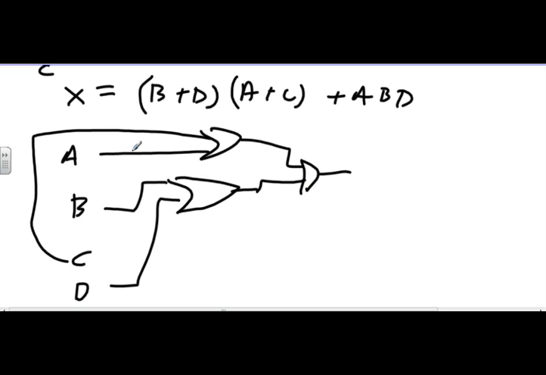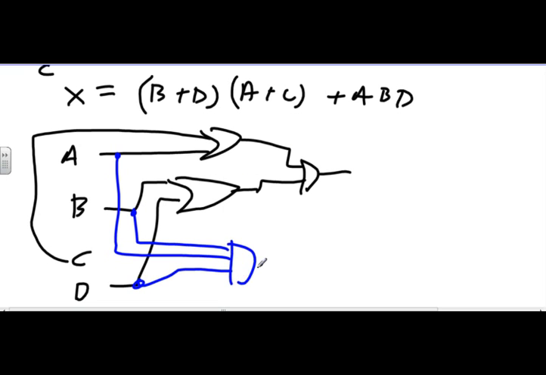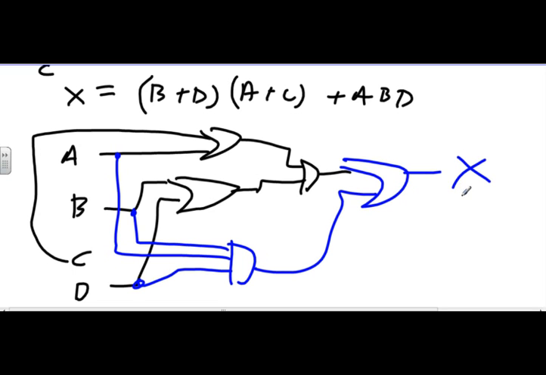Then I need an A, a B, a D, ANDed together, and all that has to be ORed. X. A, B, D is an AND, and it's plus, yeah. Then this guy here is the OR that's sitting right there. Okay, so everybody's happy?